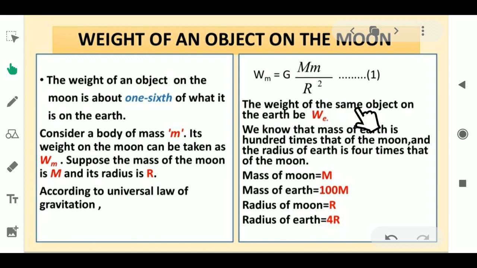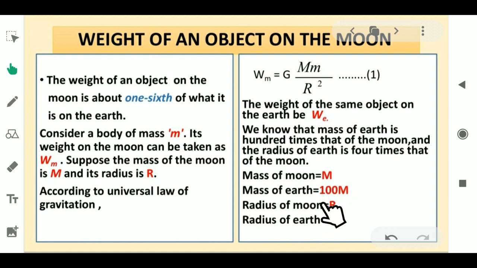The weight of the same object on the earth can be taken as We. So we know that the mass of earth is 100 times that of the moon. Very important. Mass of earth is 100 times that of the moon, and the radius of earth is 4 times that of the moon. So simply you can write mass of the moon is equal to capital M, mass of earth 100 times this M, so 100M.